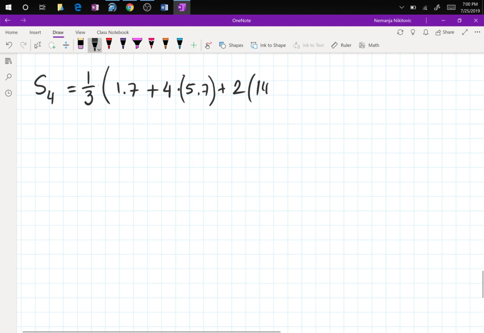Two times 14.4 plus 4 times, what's the next number? 29.4, and the last number 51.7.